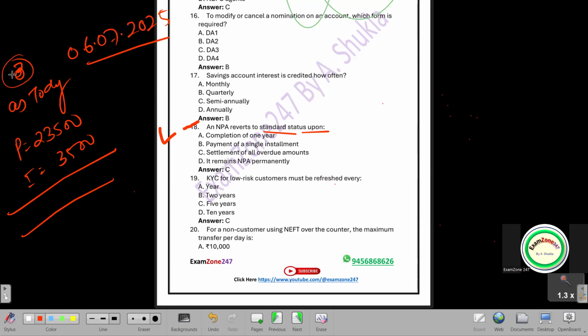If the account is overdue today, when will the account revert to standard? It is NPA now. Options: completion of 1 year from the deposit of money, from the date of deposit of outstanding amount, payment in a single installment, settlement of all overdue amounts, or it remains NPA permanently. What is it?